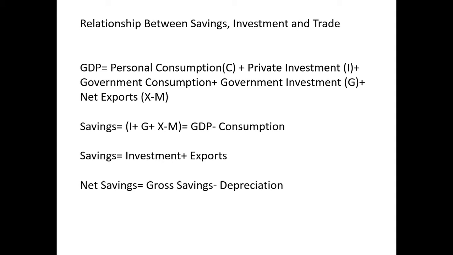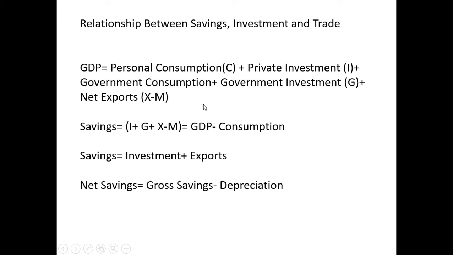Net exports means that in a year, the exports that are made minus the imports, the goods and services imported from other foreign countries as part of economic trade relations. To simplify, in the expenditure method, we have C plus I plus G plus X minus M, X minus M being the net exports part.